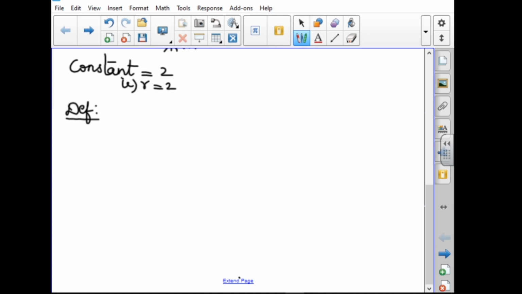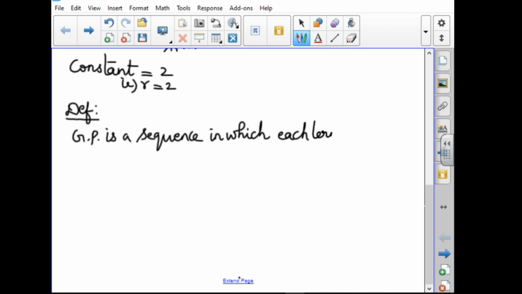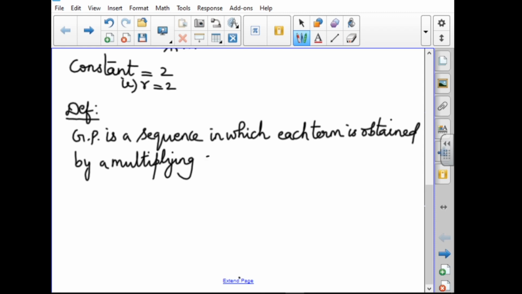The GP is a sequence in which each term is obtained by multiplying a fixed non-zero number to the preceding number.